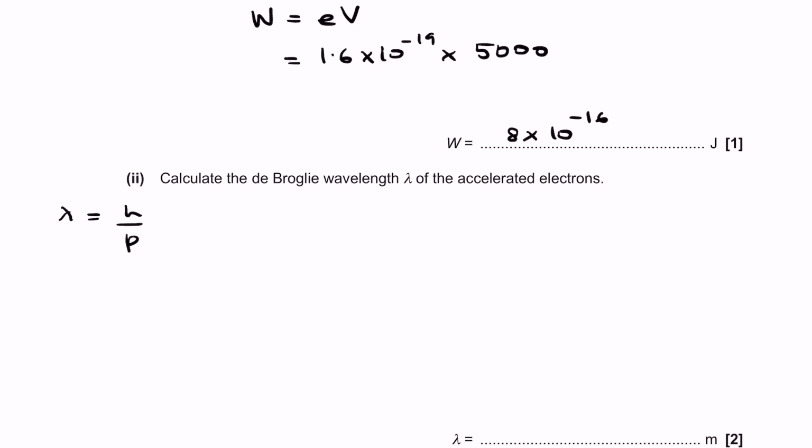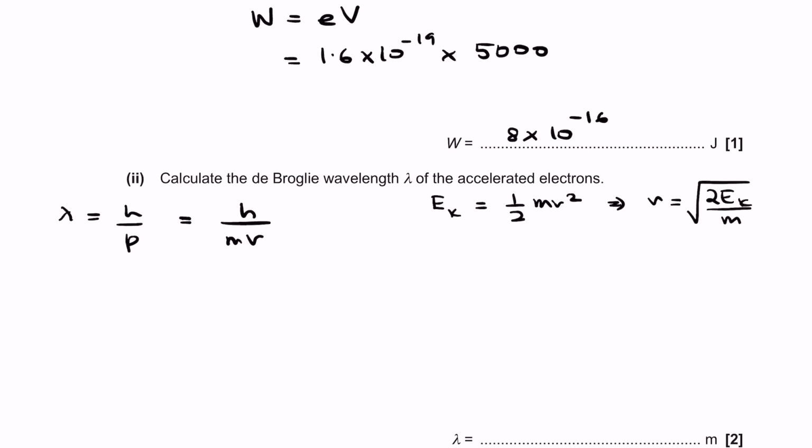So we know that h over mv is lambda, and we know that the work done, the kinetic energy, is equal to half mv squared. Now, if I make v the subject from here, I would get the square root of 2Ek over m.